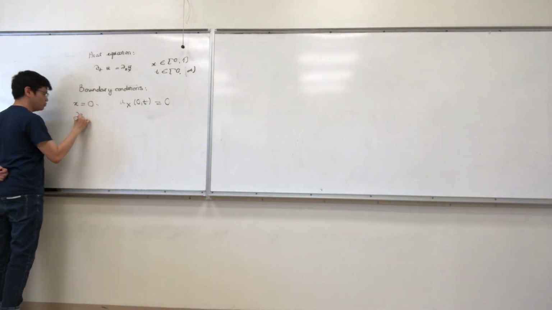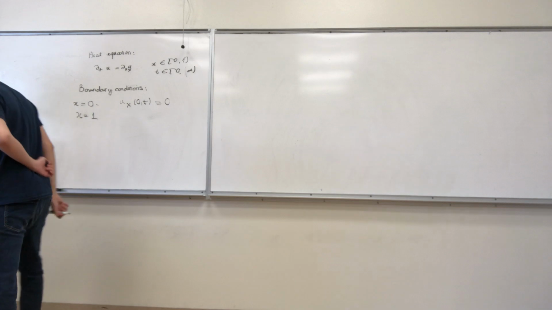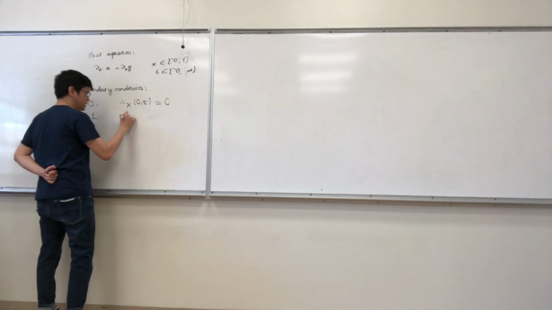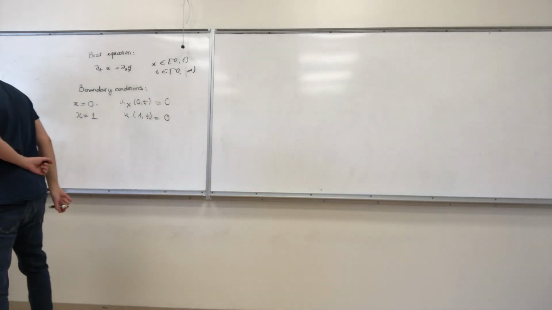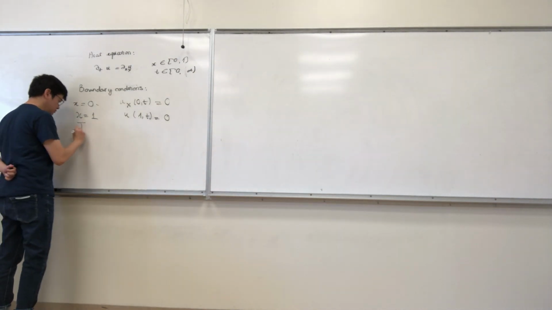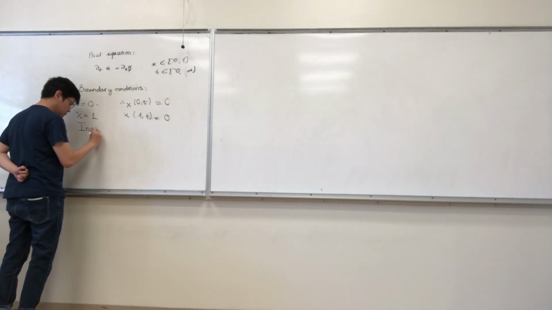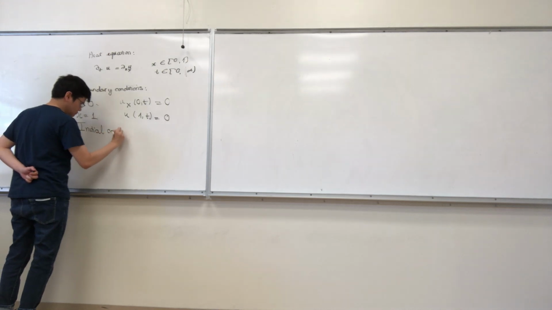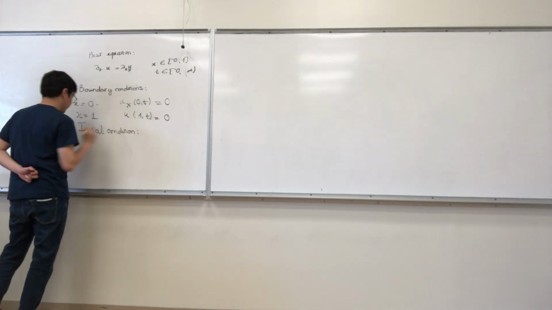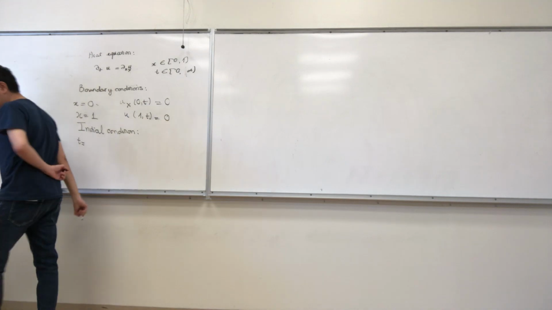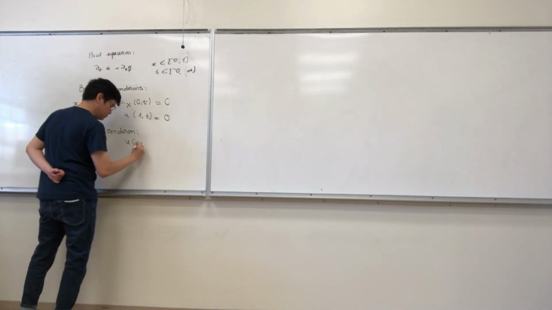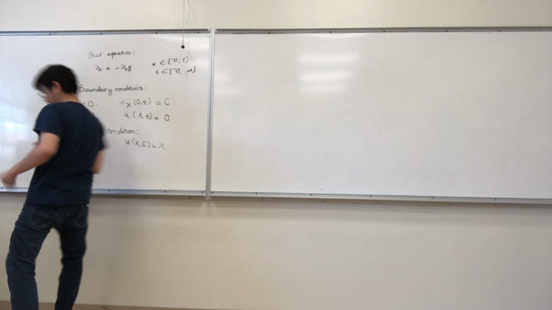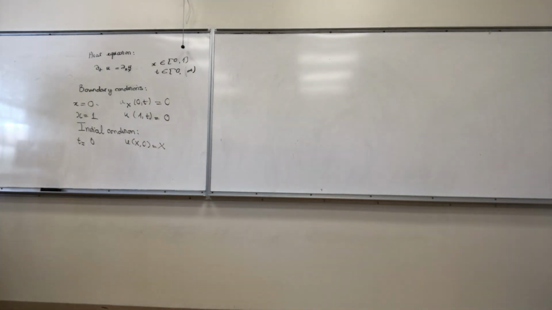When x is equal to 1, u at (1, t) is equal to 0, and the initial condition at t is equal to 0 will be u(x, 0) is equal to x. All right?